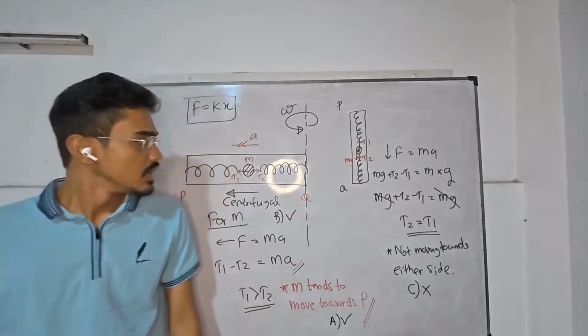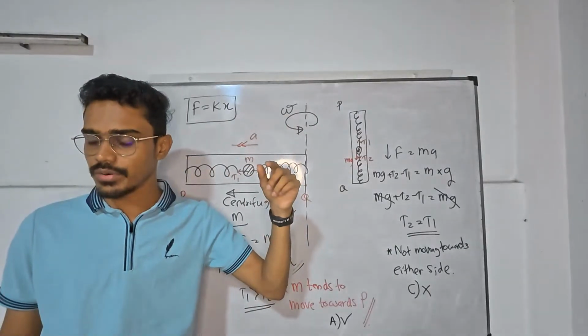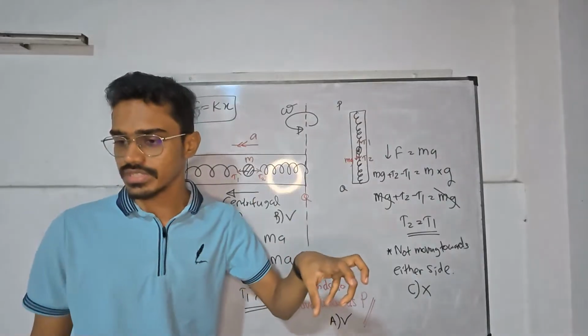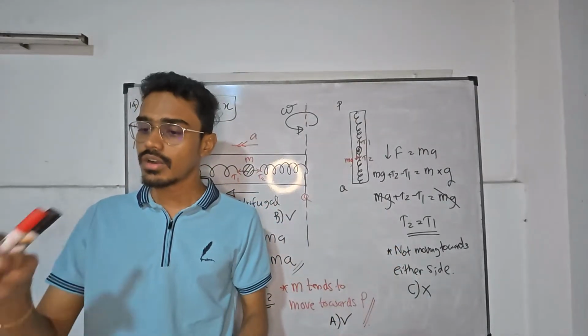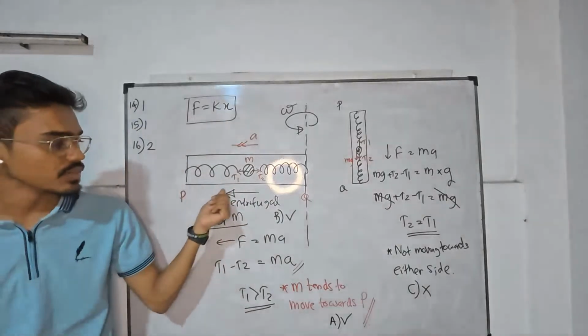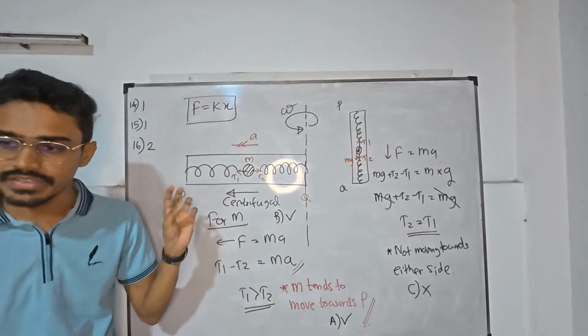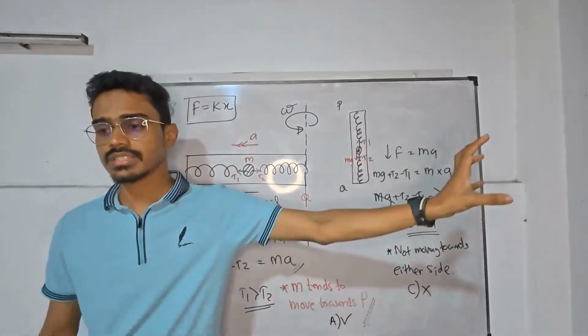And about B, if it rotates around, M undergoes a circular motion. If there is a circular motion, centrifugal force is exerted on the object. The direction of centrifugal force is away from center. So with that centrifugal force, M moves away from center.